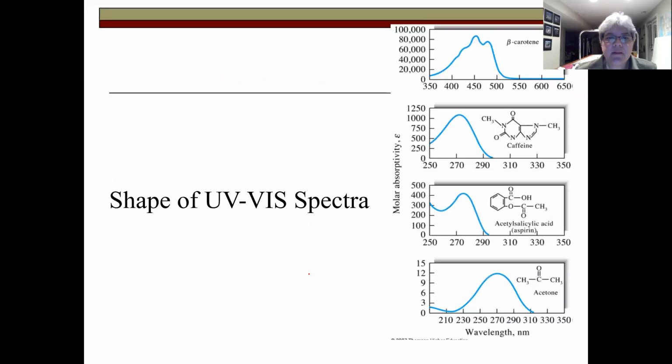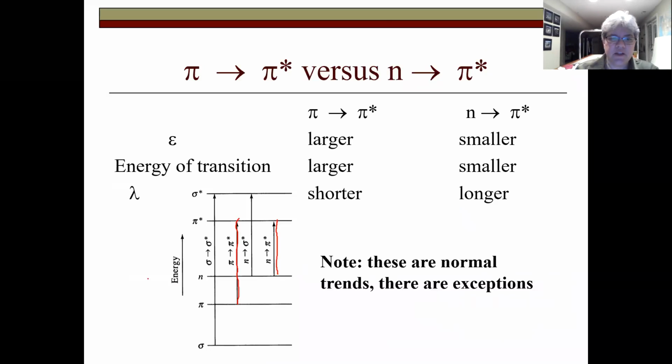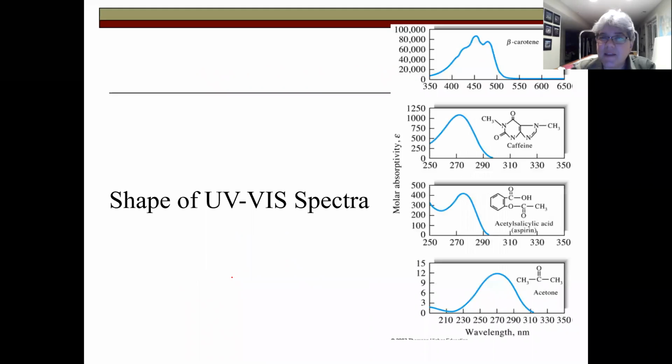Next we want to look at the shape of the UV-Vis spectra. We've already looked at this a little bit in chapter 2, but remember these are very broad peaks. When we looked at this energy diagram, it's just showing us lines from one line to the next line. But really that's not the case.